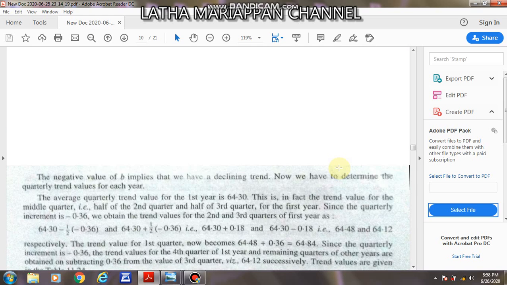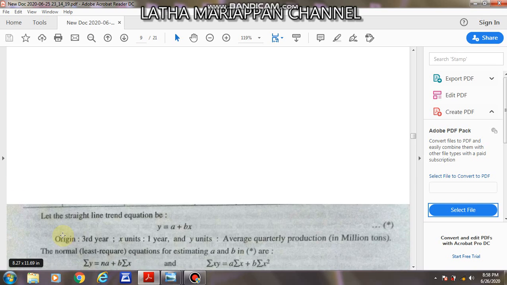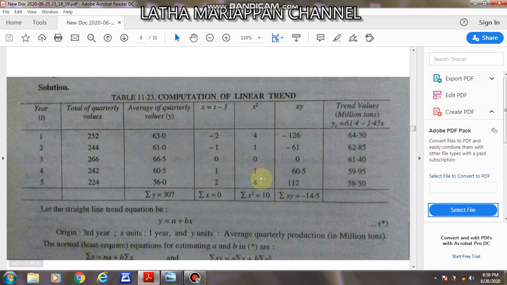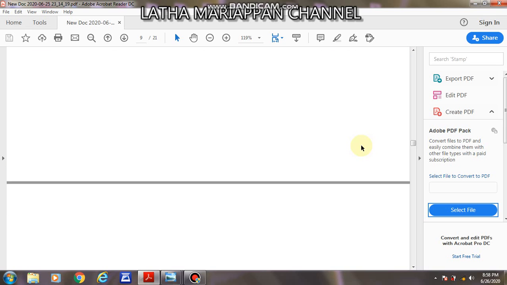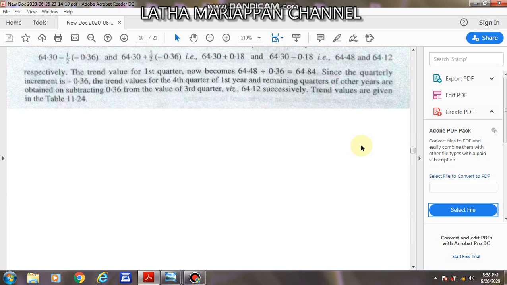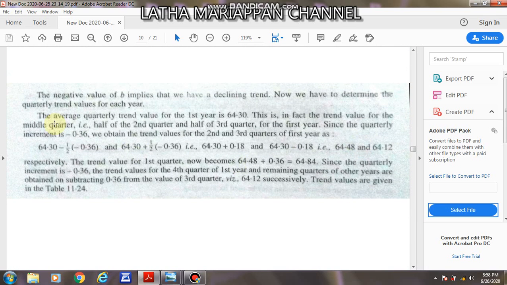The first value we have to take: we got trend value 64.30 from the linear computation table. That first value we have to take.